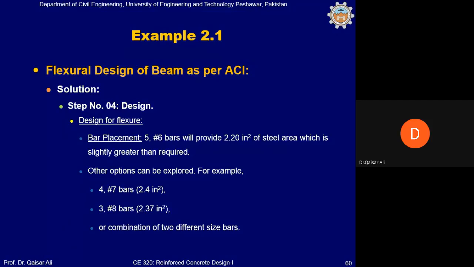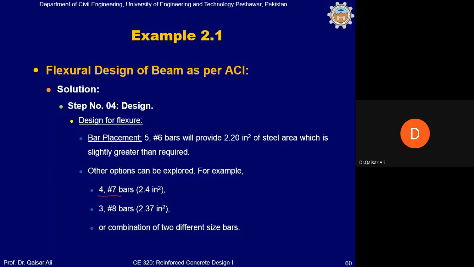So the condition of congestion of reinforcement shall be avoided. For this purpose, too small a bar diameter shall not be used, keeping in view the area of steel required.